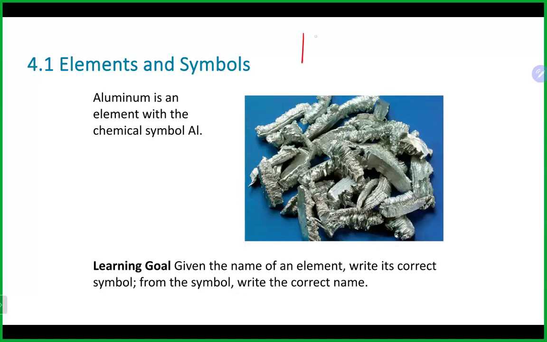So if you had, like I wrote earlier, potassium, which is K, you always capitalize the single letter by itself. Now, if you have a 2-letter symbol, we always capitalize the first letter, but not the second. So like we have here with aluminum, we would have a capital A and a lowercase l. So when you do write the symbols, it's really important to follow those rules.